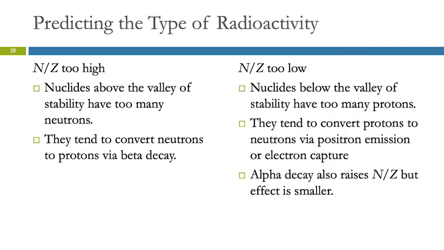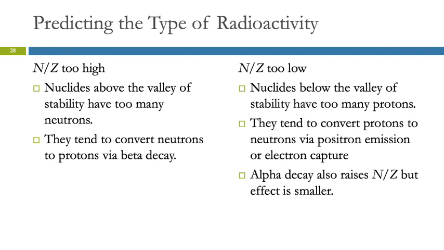So if we've got our N to Z ratio too high, that means there are more neutrons than ideal. So too many neutrons, and so those will tend to convert neutrons to protons and do beta decay.